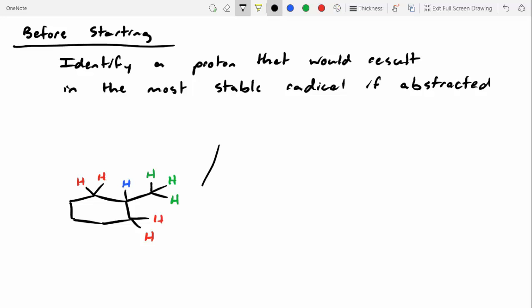If we think about it, we could say, well, what happens if we abstract one of those red protons? We would get a radical that looks like this.